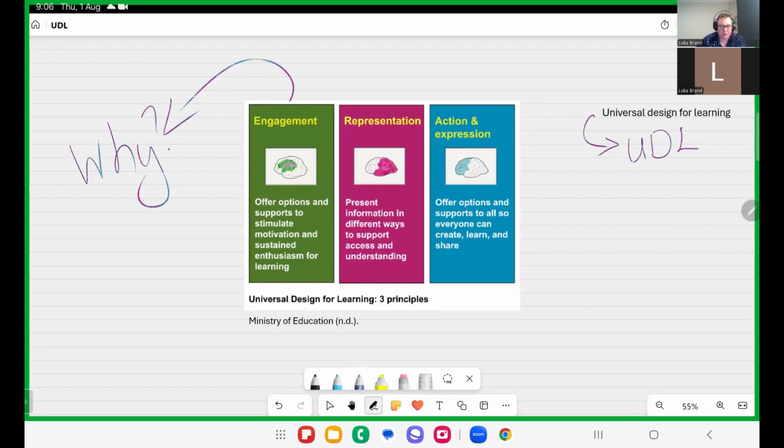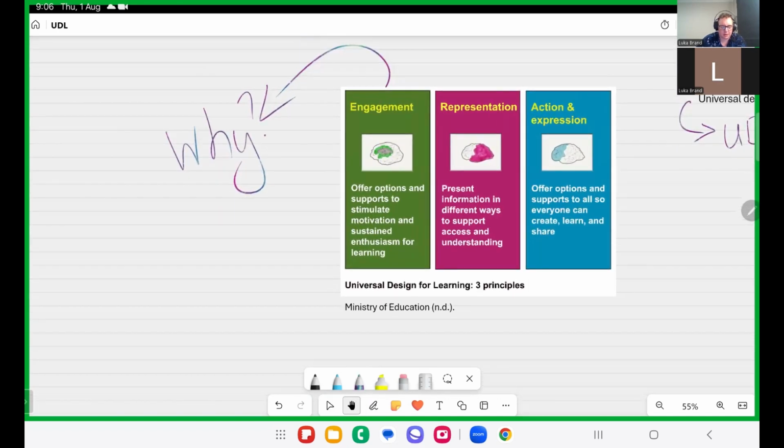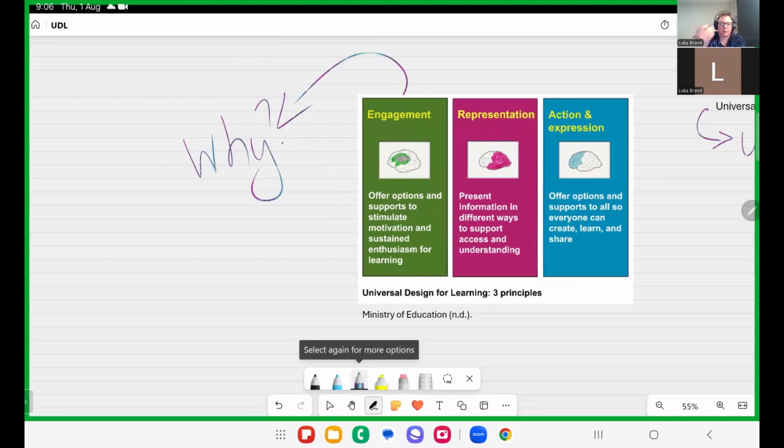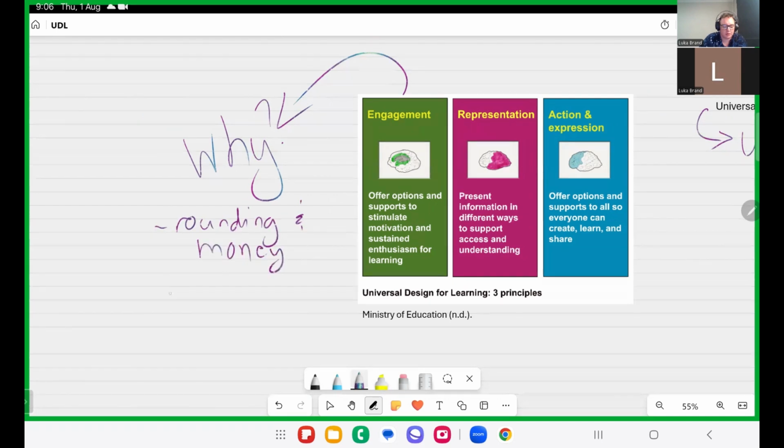Some examples of this that I've used in my practice are things like when we're looking at rounding, connecting rounding and money, percentages, percentage change, and how much cost of living is a big one.